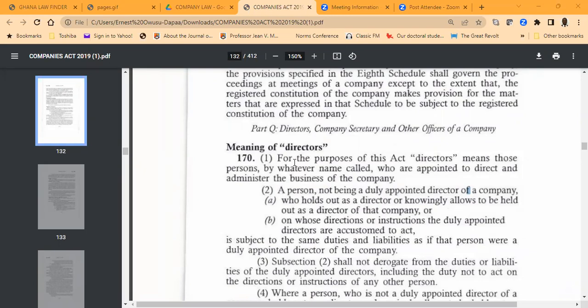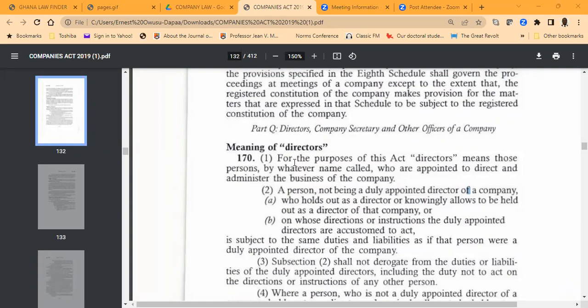But again, I would also encourage you, in addition to these statutory provisions, which we are going to be analyzing and discussing, to also supplement your reading with my good friend's work, which I'll be referring to. That is Company Law in Ghana by Ferdinand Adaje.